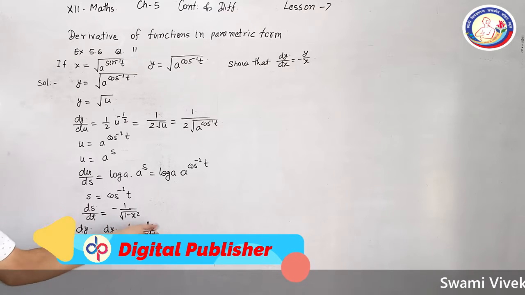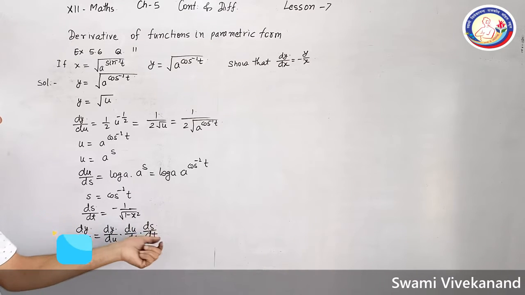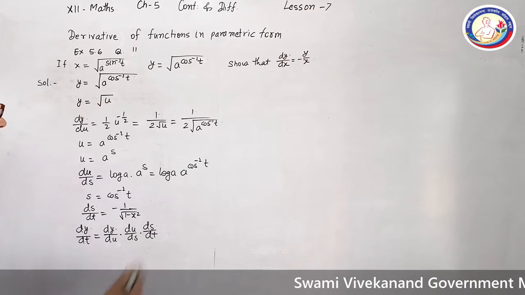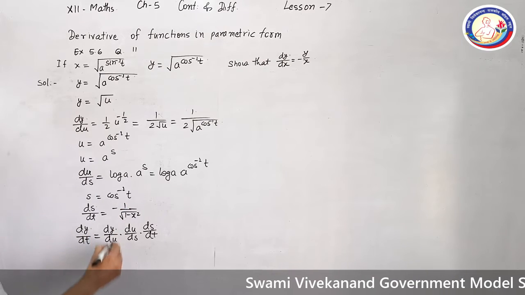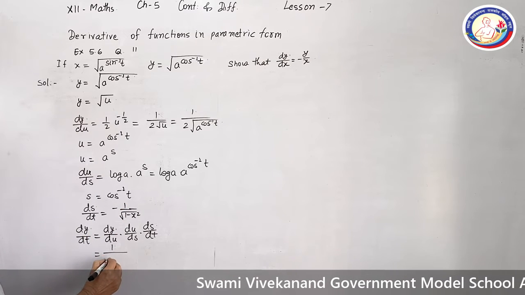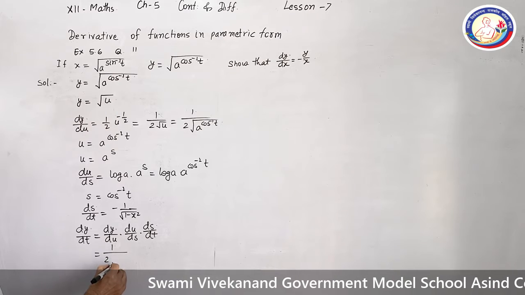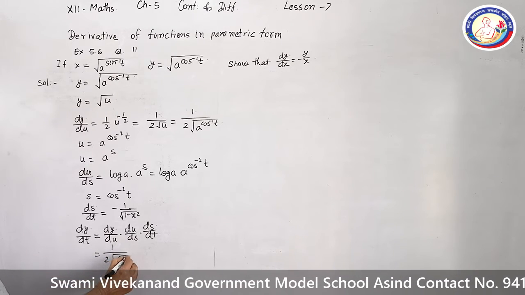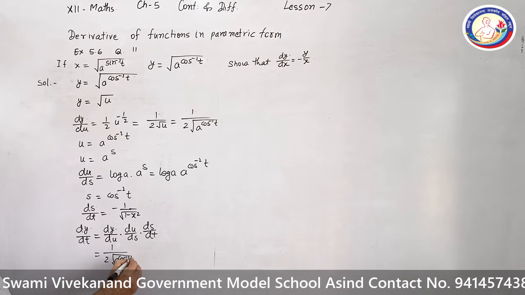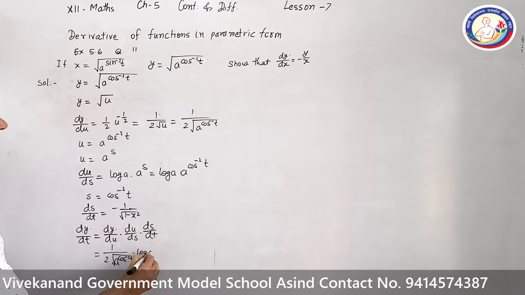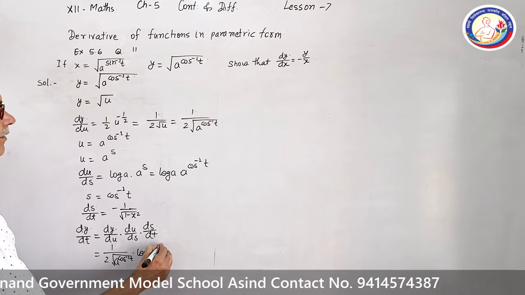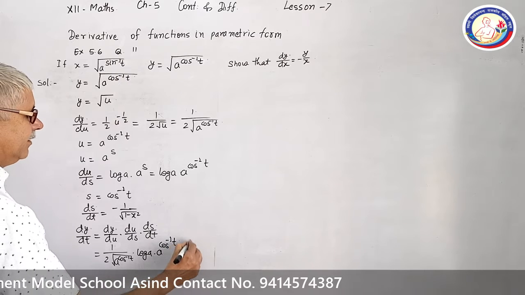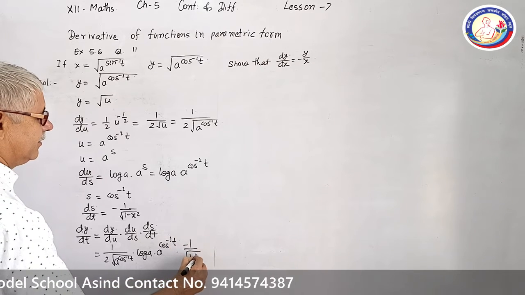I have taken u and s for the chain rule. You can take them as you wish. Now on substitution we shall get 1 upon 2 into a raised to power cos inverse t into log a raised to power cos inverse t into minus 1 upon square root of 1 minus x square.